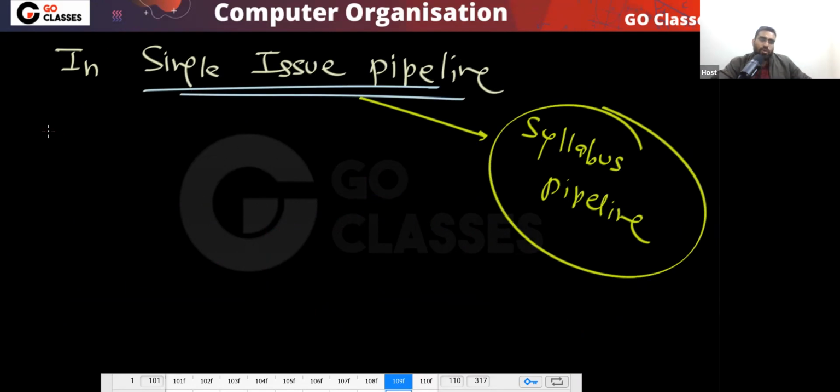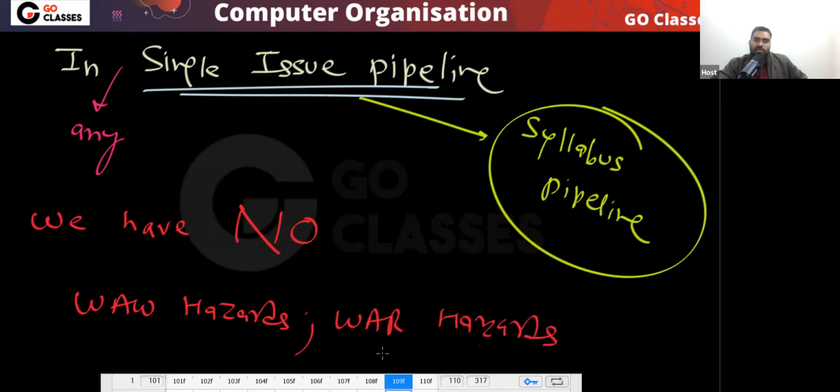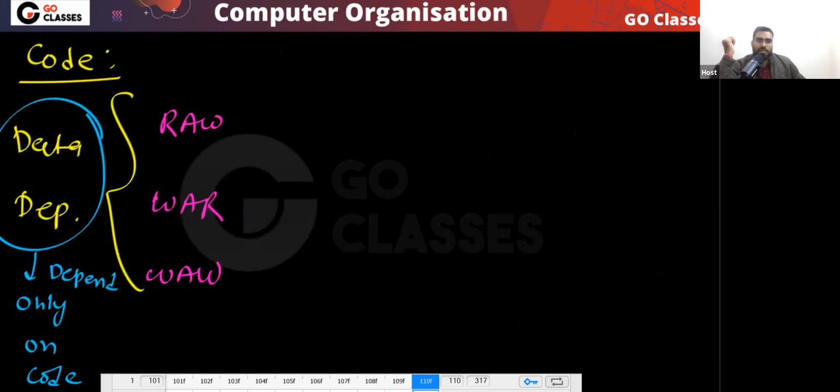Whether it is a RISC pipeline or any other single issue pipeline, we have no WAW hazards and no WAR hazards, because these dependencies are never creating any problem. Is this clear?